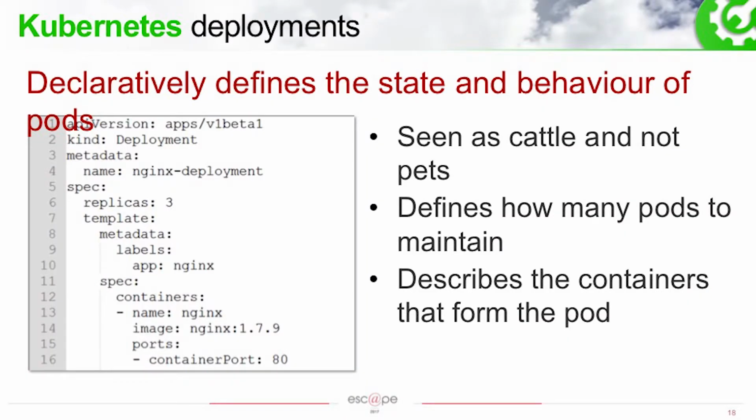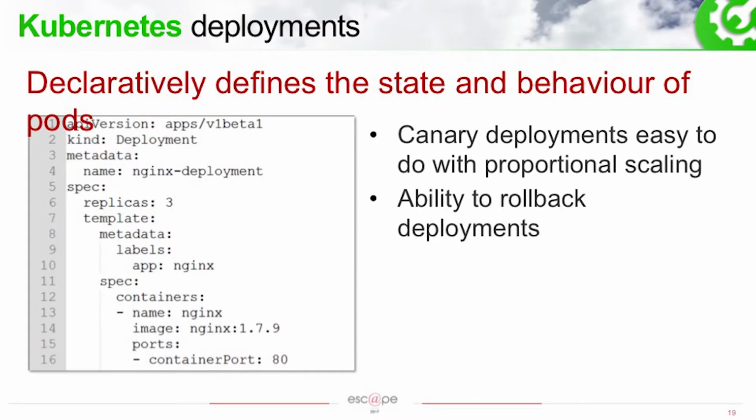Within a Kubernetes deployment, I also define how many replicas of that specific pod I want to maintain, as well as the specific container that I want to run within that pod. Yet again, coming to the deployment strategies, canary deployments are rather easy to do with Kubernetes via something called proportional scaling.